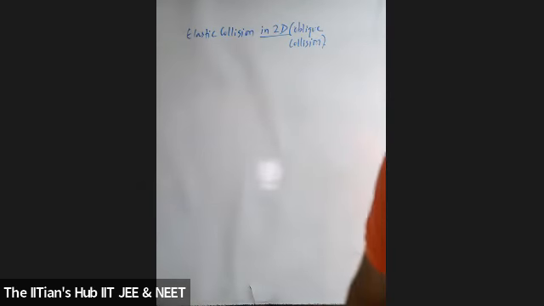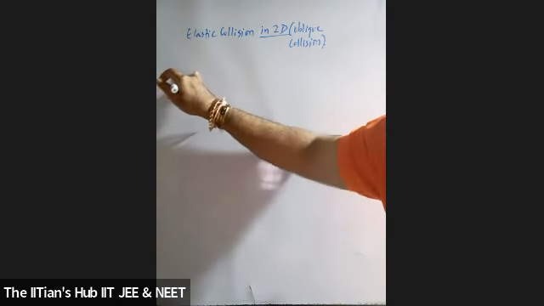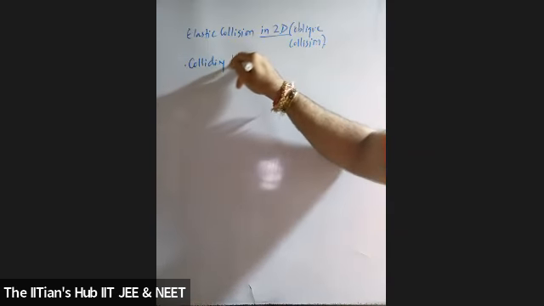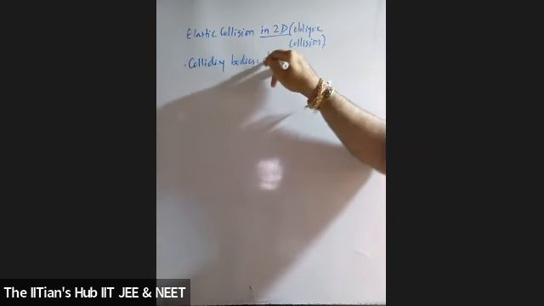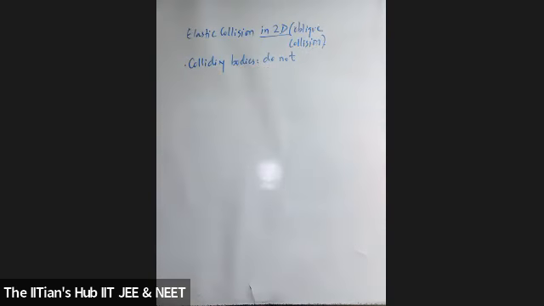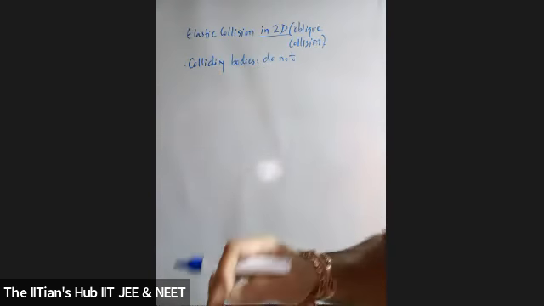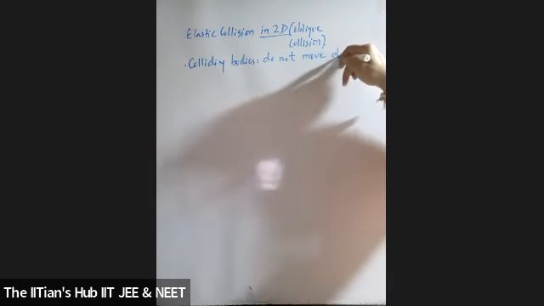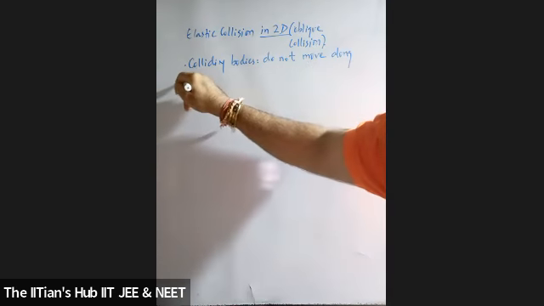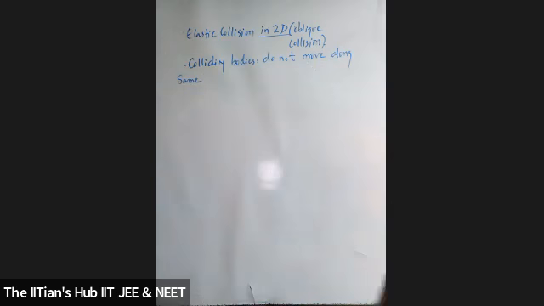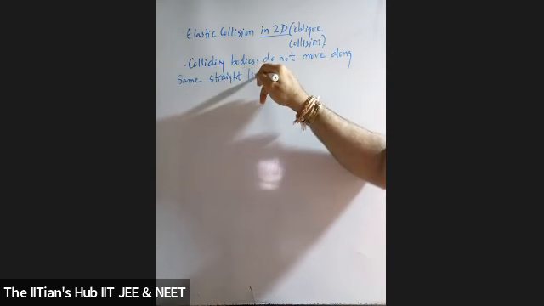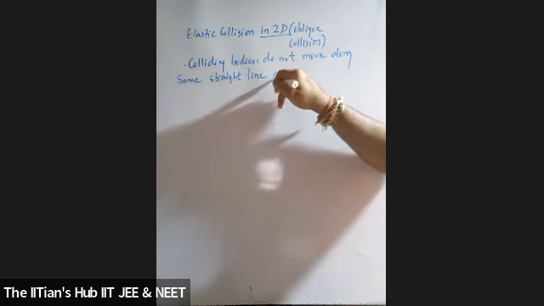Nothing as if, students, if the colliding bodies do not move along the same straight line. Students, if one asks you what exactly oblique collision is: colliding bodies do not move along the same straight line path.